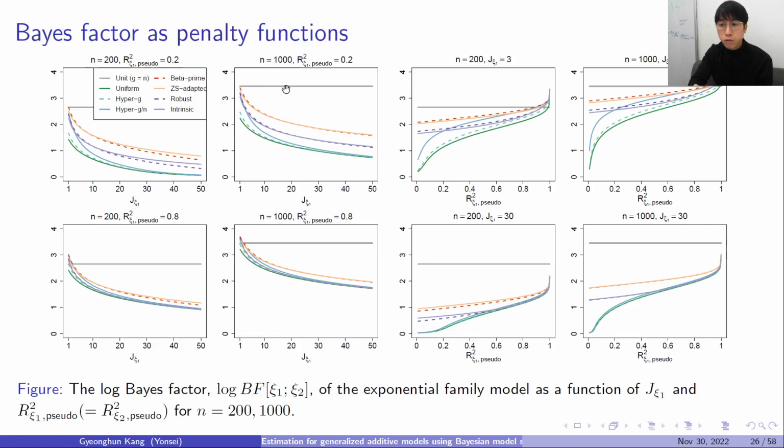The unit information prior imposes the heaviest penalty, but for the mixtures of g priors, the complexity penalty is lower here when there are more variables added. The degree of penalty gets weaker in the order of the beta prior and generalized g-null, then gets weaker in the hyper-g, the intrinsic and robust priors, and is the weakest, the lowest, for the GO1 priors.